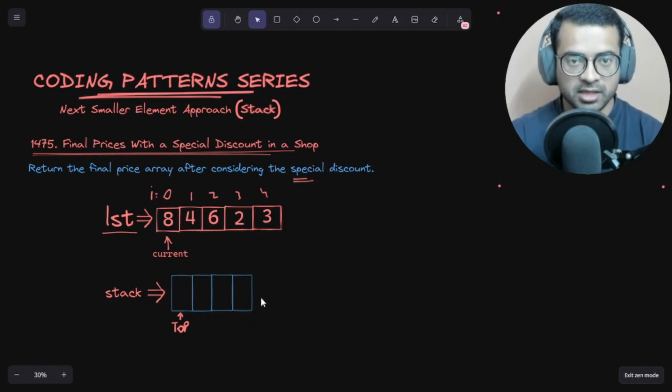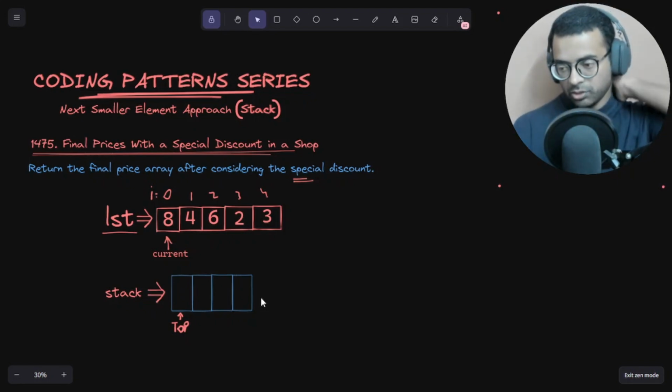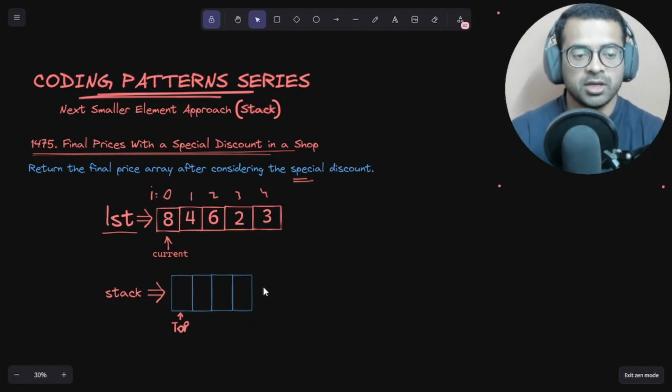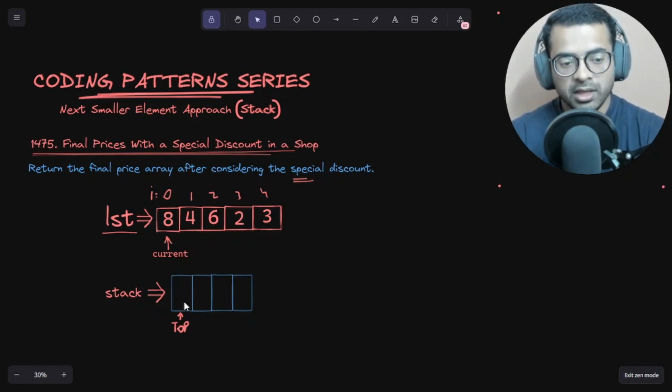If the stack has any value, we are going to check whether the value at the index on top of our stack is greater than or equal to the value of the current pointer. If the current pointer is pointing towards, let's say, 4, and here we have 8.